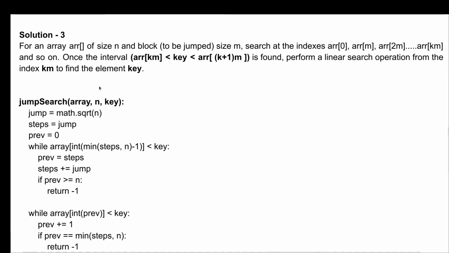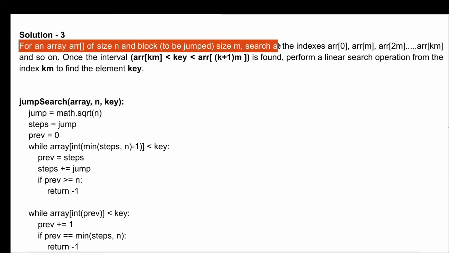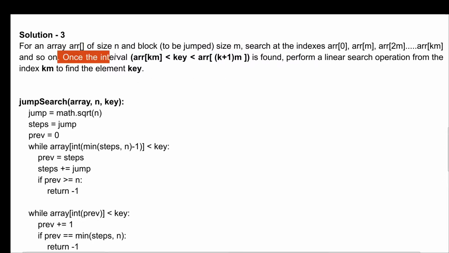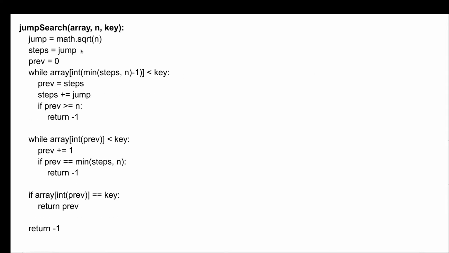In this case, we have an array of size n and a block size to be jumped. We need to search these indexes, find the range and perform a linear search. Now, the jump search algorithm. First we calculate the square root of n, and then we take a variable steps, which will keep on increasing, and there is also previous. Previous starts from 0, and we assign jump to steps.